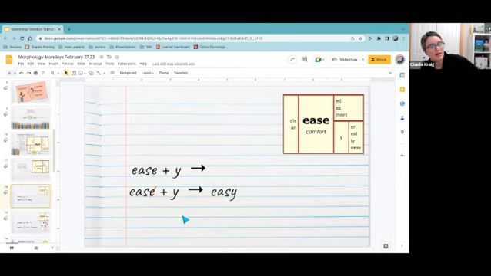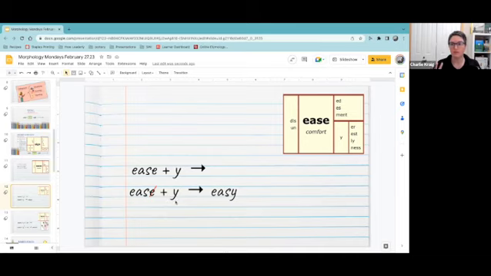When we look at the word sum ease plus y, we are removing the e and replacing it with the y.